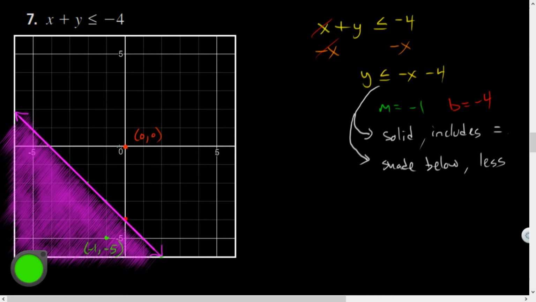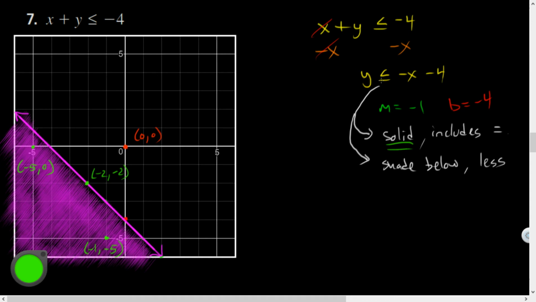Yeah, -5, 0 is over here. Question, is -2, -2 a solution? It's on the line. What do we think? It is a solution because it's a solid line.